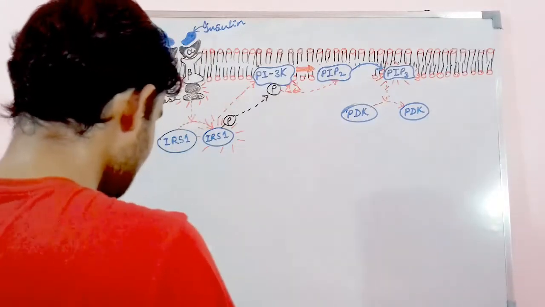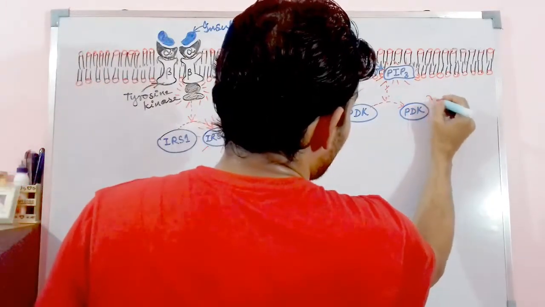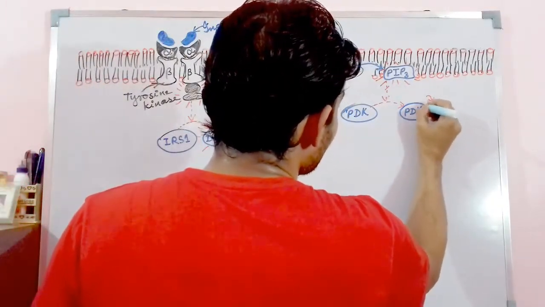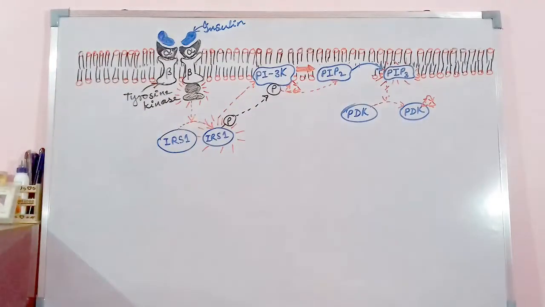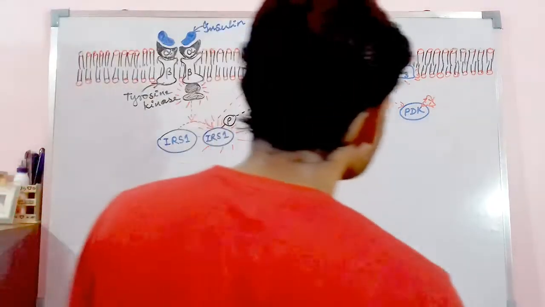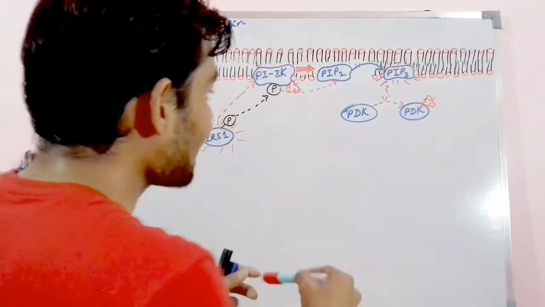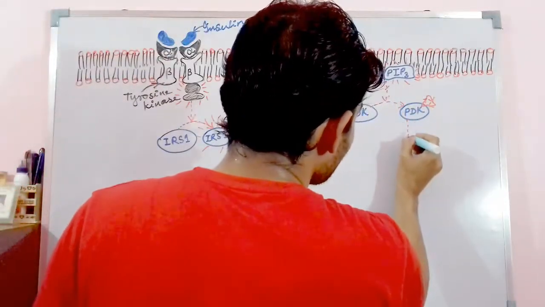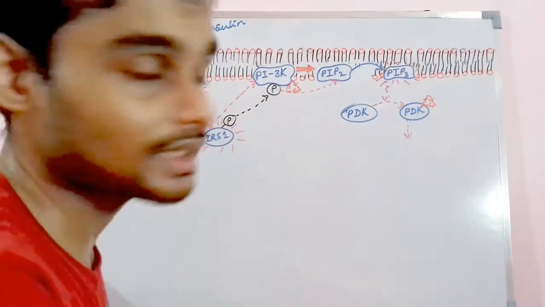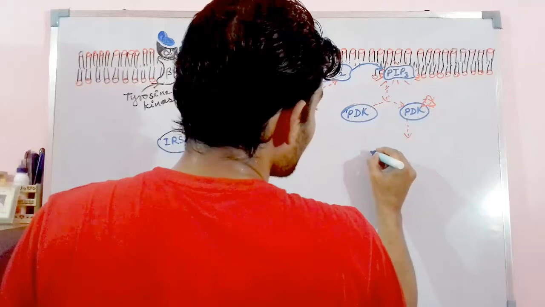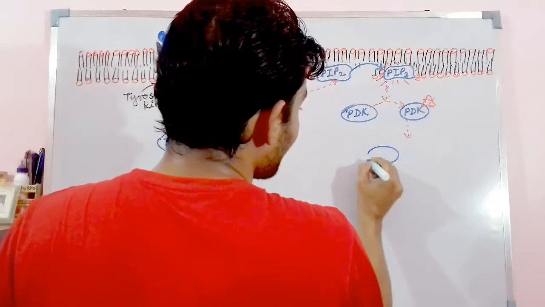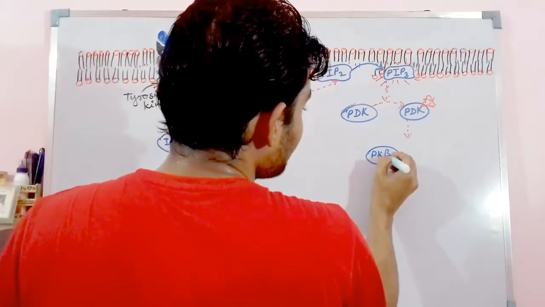Now this activated protein dependent kinase will help in activating another molecule called protein kinase B, PKB.